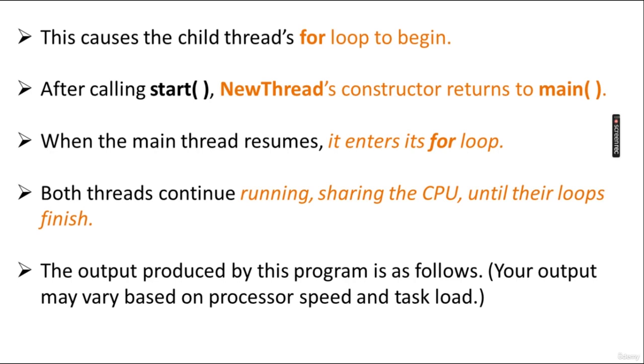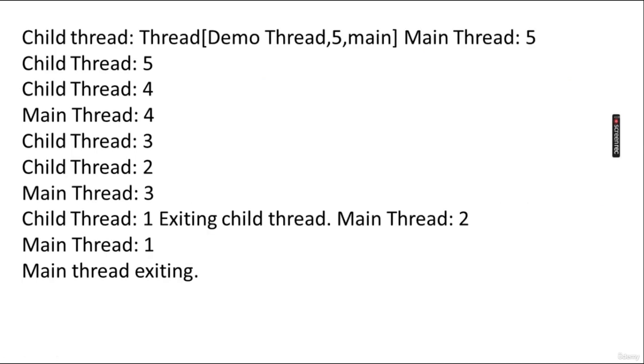In that sleeping time, the main thread will try to access the CPU and use the CPU time. And when the main thread is sleeping for 1 second, in that time, the child thread will try to complete the cycle. The output produced by the program is as follows, and your output depends upon your processor speed and your task load, how many tasks you are doing in the background.